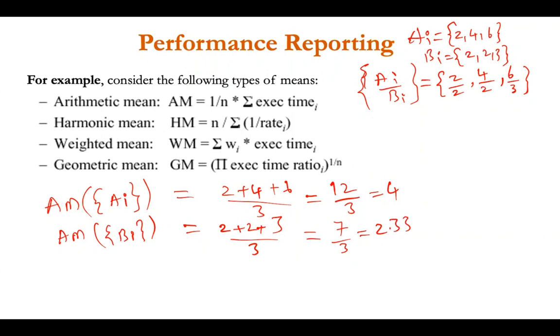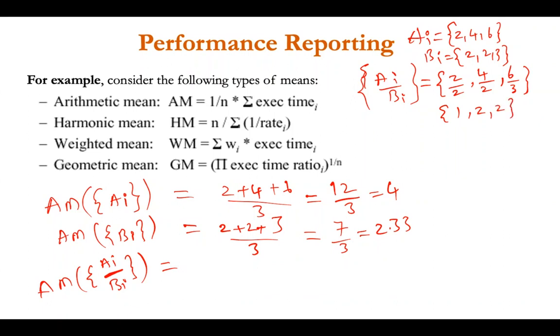So if you find the arithmetic mean of your AI divided by BI, how do you find it? Take every element. 2 by 2 gives the element 1, and here 2 ones are 2, so you get 2 here, and here is 2.